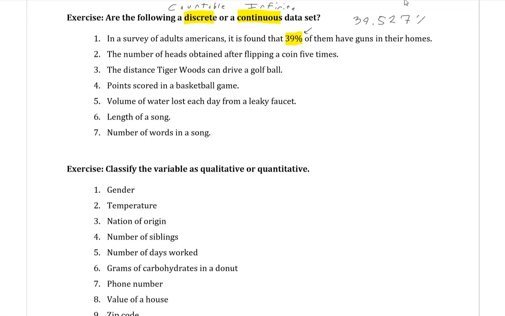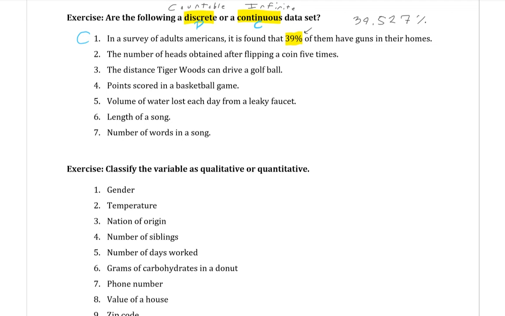That still makes sense as a percentage value. So, because I can keep slapping on decimals onto this percentage value and it still makes sense, I would typically consider this as a continuous data set. So I'm going to use C for continuous and D for discrete. This one I would say is continuous.